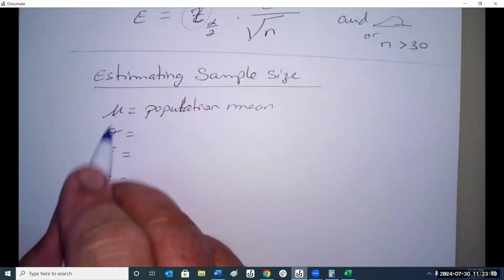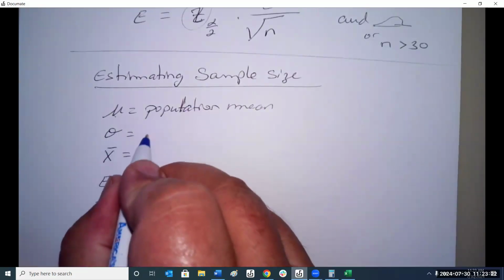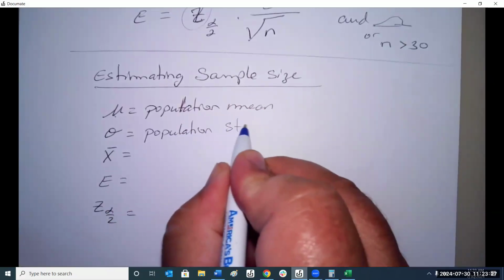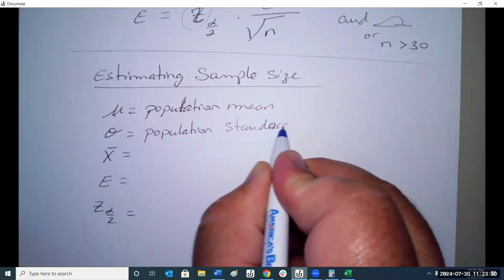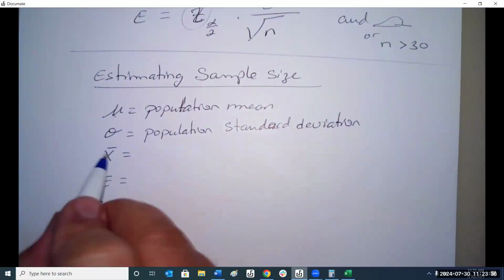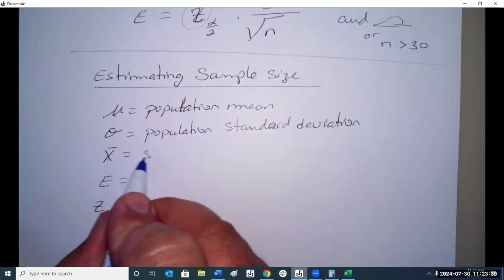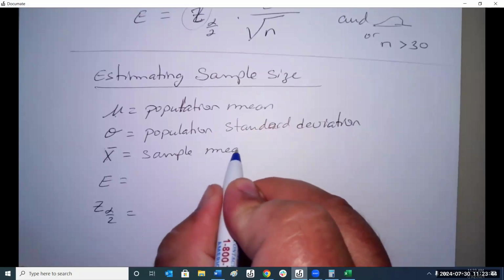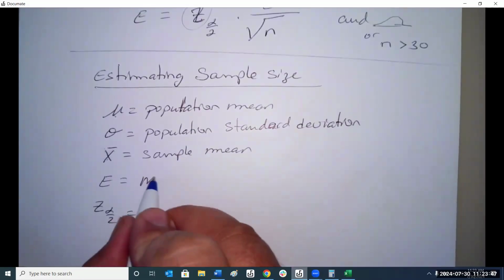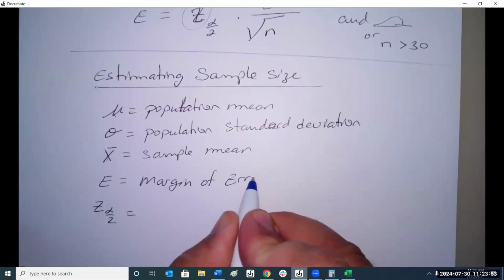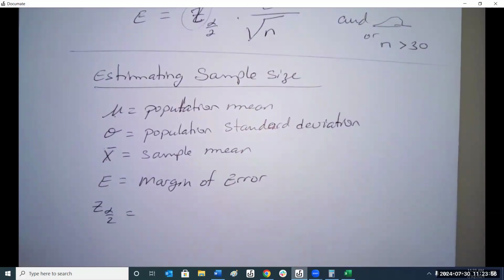The rho, this little loopy thingy, since it's Greek, it deals with population, and this is the standard deviation. X bar, this is our alphabet letter, it's a sample. E is the margin of error. And Z is our Z-score for our confidence interval.